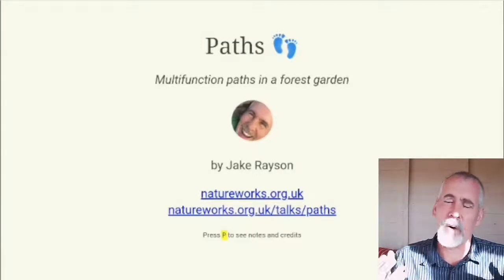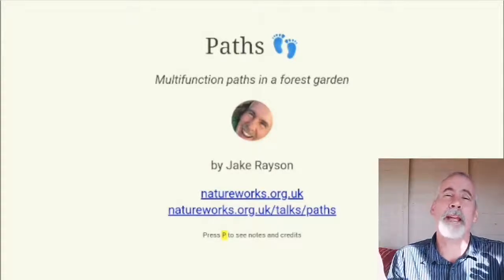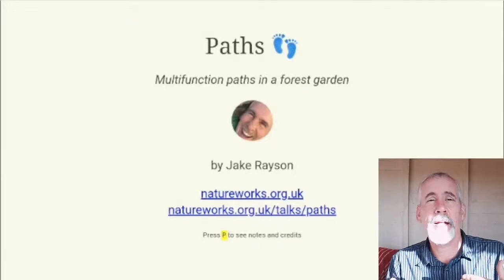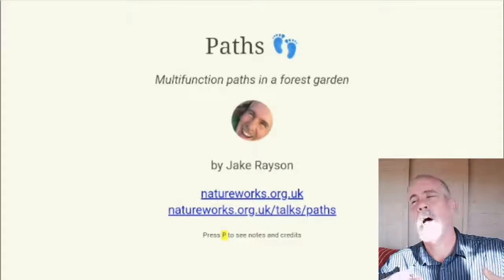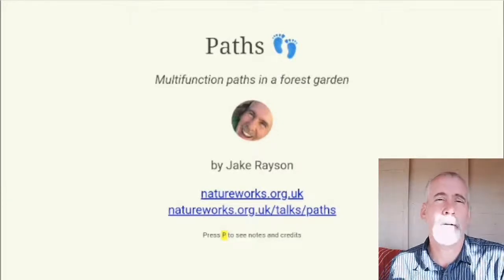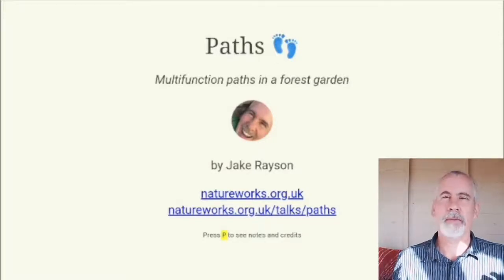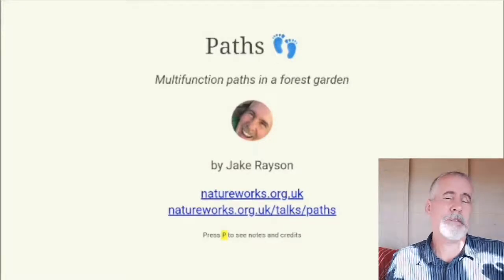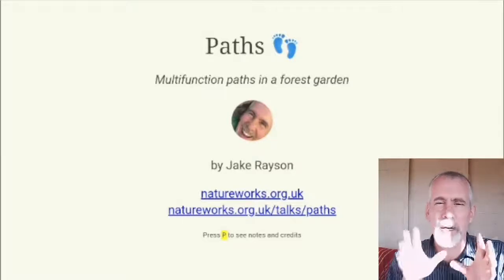A case in point for a forest garden would be a windbreak hedge, a living hedge which breaks the wind and protects plants, but also provides habitat for wildlife, a food source for wildlife, and a food source for humans. So it's doing quite a few functions at the same time. This is why multifunction paths, because paths do the same thing.